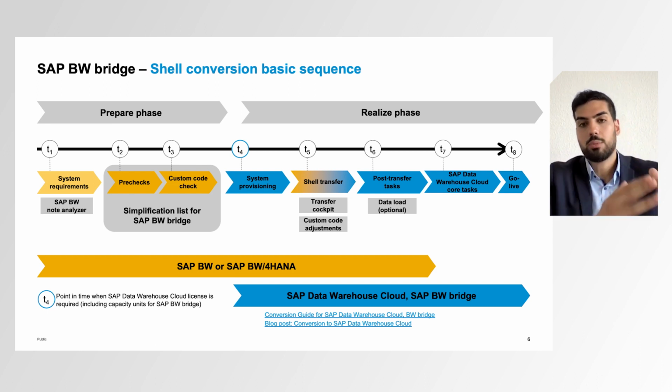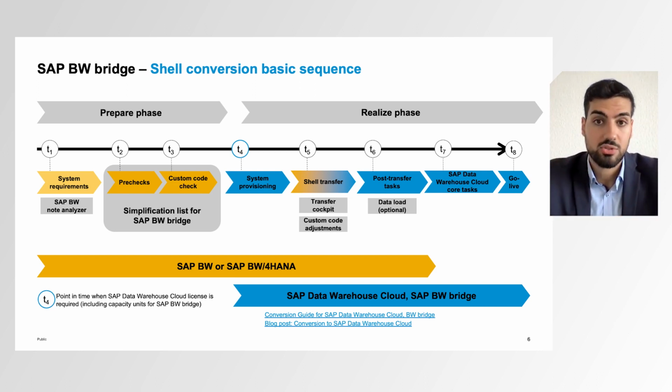And then, once the objects have been transferred, it is strongly recommended within T6 to check if the transferred objects are available as expected within SAP BW Bridge. And once the objects have been successfully transferred to SAP BW Bridge, within T7, our customers can start to combine regular SAP Data Warehouse Cloud assets with SAP BW Bridge assets.